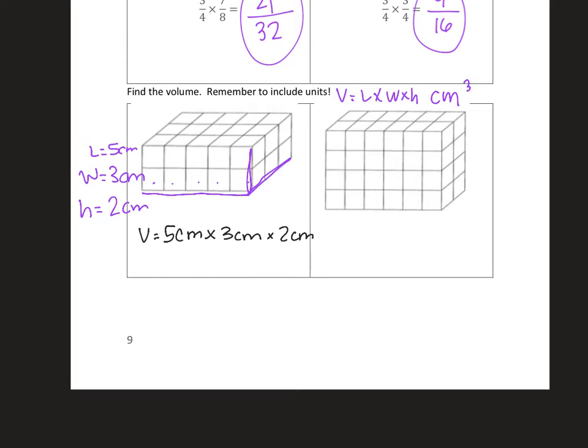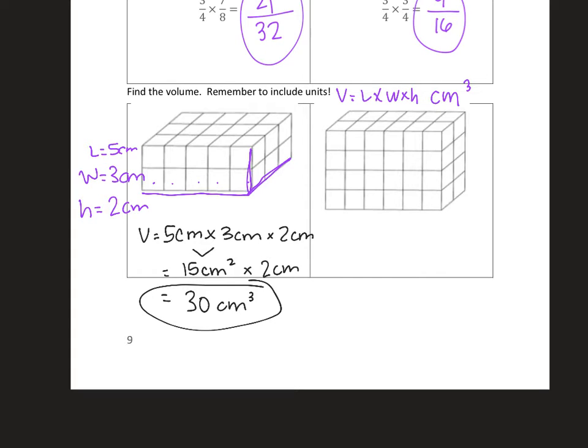I'm going to multiply 5 centimeters times 3 centimeters first, and that's going to give me 15 square centimeters times 2 centimeters. Okay, and then 15 times 2 is going to give me 30 cubic centimeters. So that's what you should have for the volume for the first one.